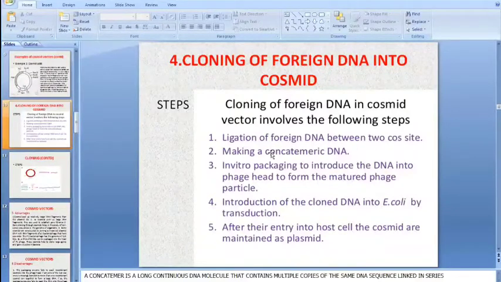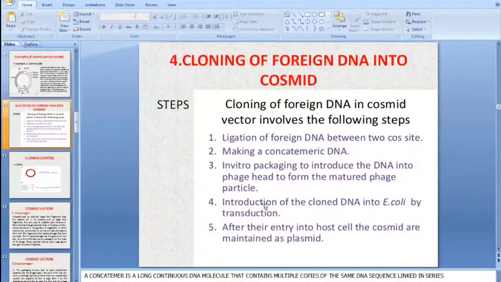Then we make a concatameric DNA. Concatameric DNA is nothing but a long chain of DNA in which multiple copies of DNA are present. It is possible to make the concatameric DNA due to the presence of two cos sites and the ligation of these two cos sites with the foreign DNA.